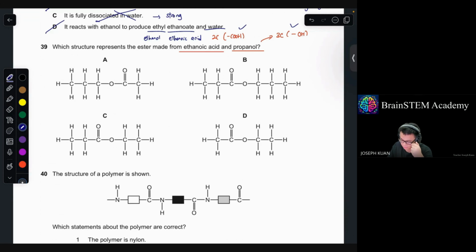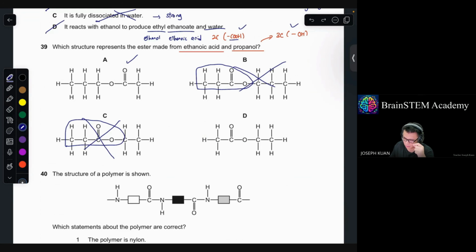All right, so the part with the COO should have only two carbons. So A may be possible. B is not possible. C is not possible as well. And D may be possible, but let's check further.